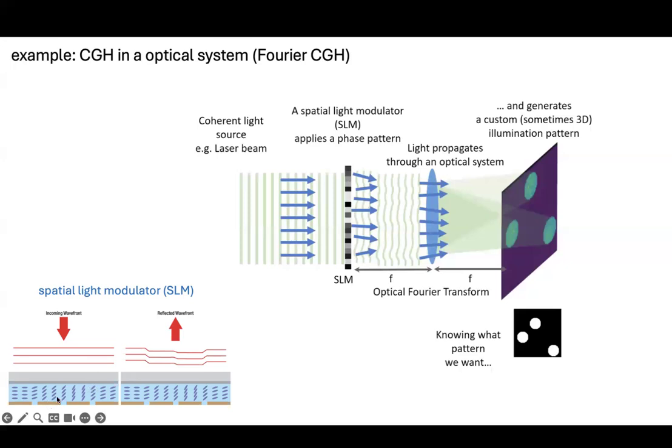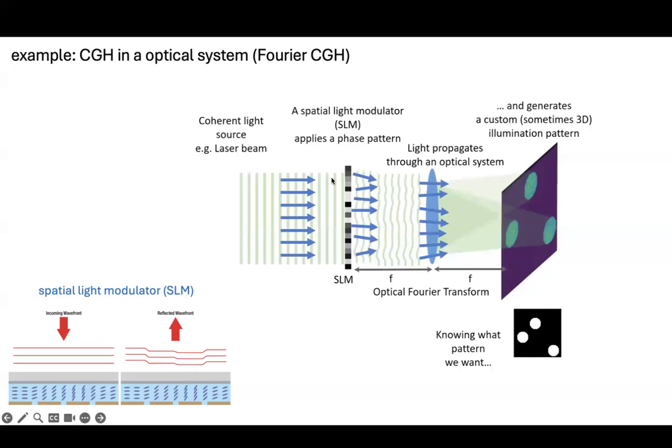It's basically made of liquid crystals in the modulator device. And if you input a certain program, it applies different voltages to these little mirrors for it to shape the incoming wavefront into a desired phase pattern.